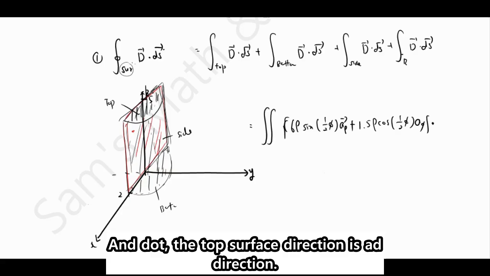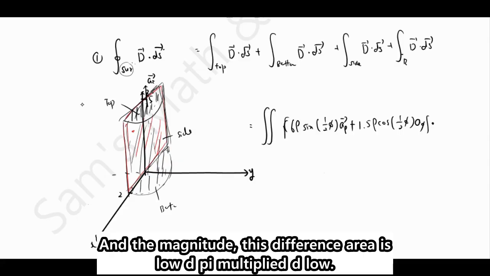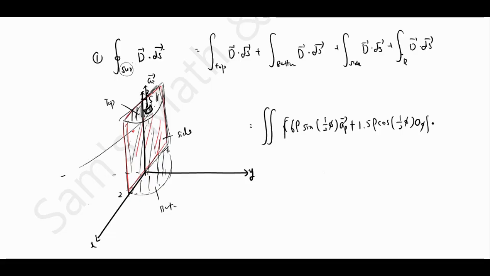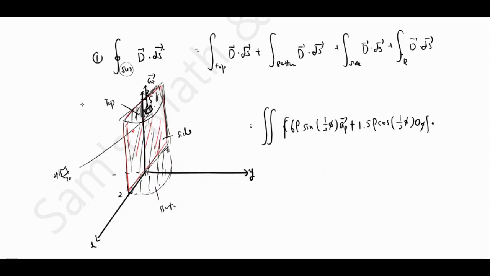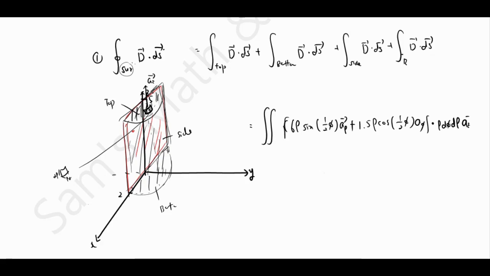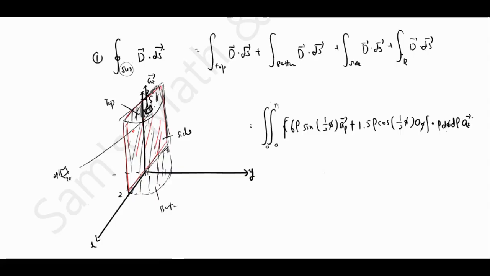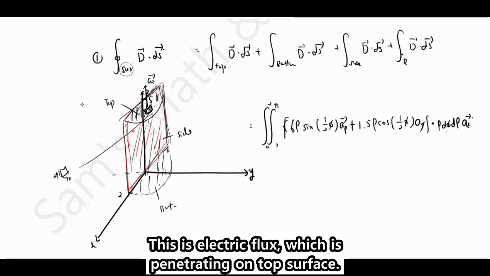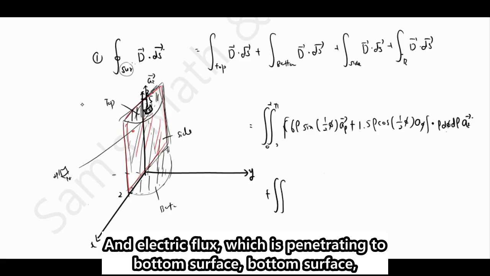The top surface direction is az direction, and the differential area is rho d phi multiply d rho. So rho d phi d rho az, and the range of phi is 0 to pi, range of rho is 0 to 2. This is the electric flux penetrating the top surface.